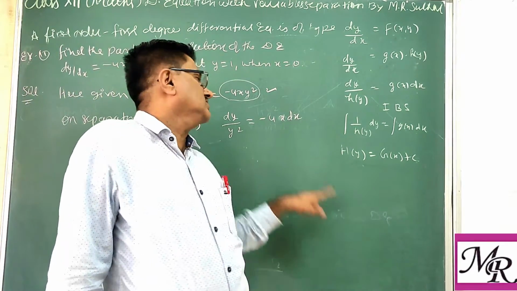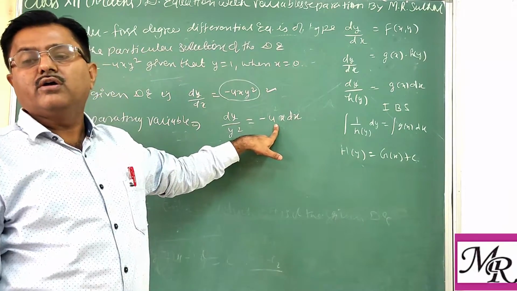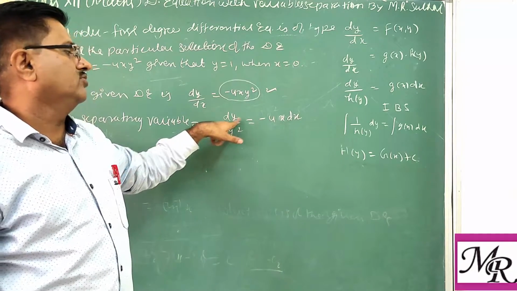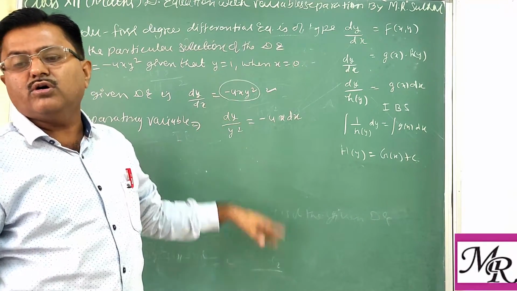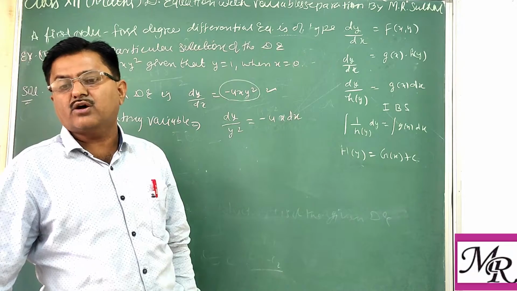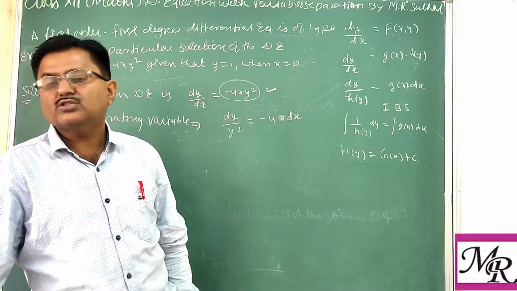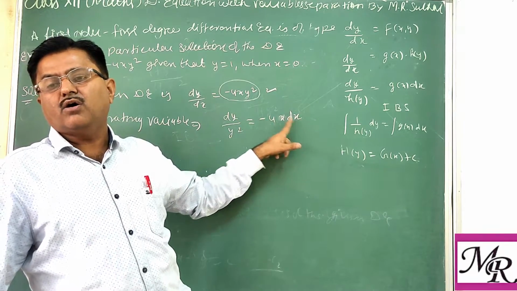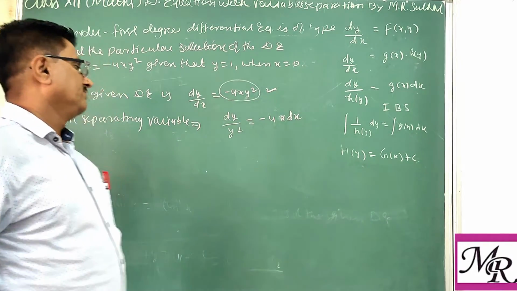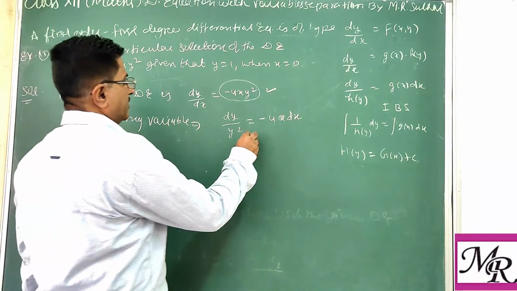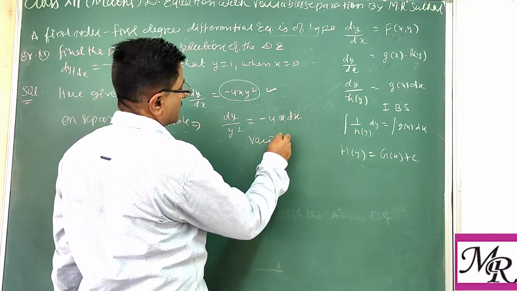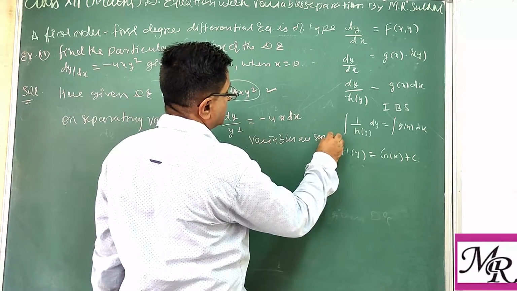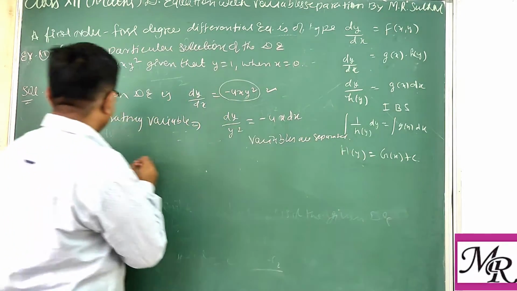It is not necessary that this constant minus 4 goes with x dx, or with dy. You may take it on this side, and there will be no change in the answer or calculation. This constant can be taken with either dx or dy. So the variables are separated.